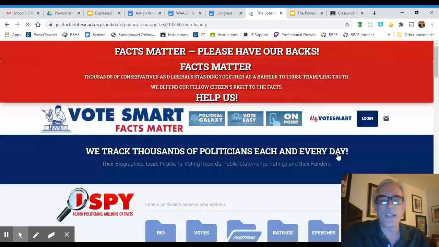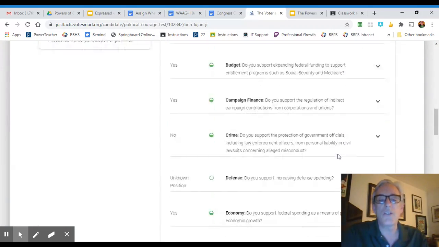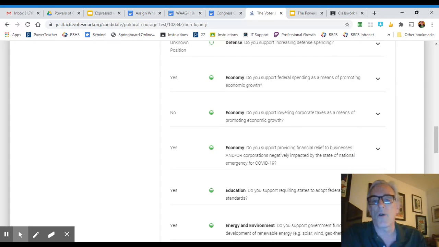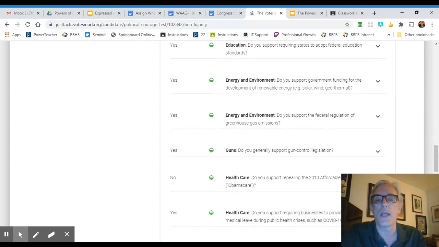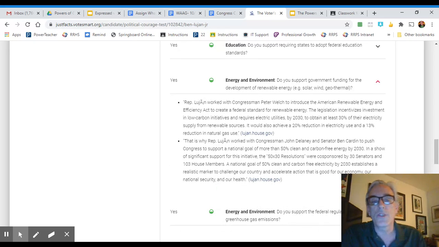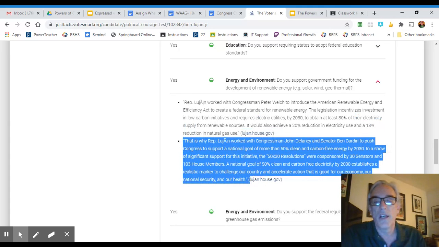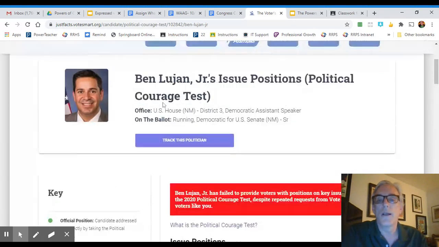Here are his positions on major issues, everything in alphabetical order, not necessarily in order of his importance to him. It gives quotes about what it is that he would do about those things. What's his position on those things? So that's probably where you're going to find your quotes.